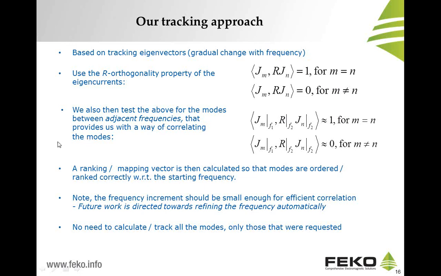Now, our reasoning is that for lower order modes that are requested, this quantity should also be valid between adjacent frequencies. It won't be exactly 1 or 0, but it will give us a good estimate as to which modes map to which other modes, in that we can identify the mode progression between the frequencies.